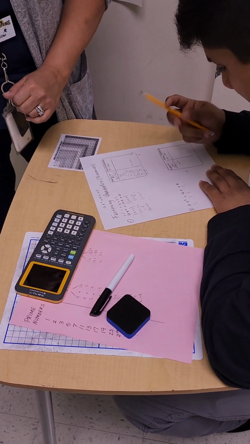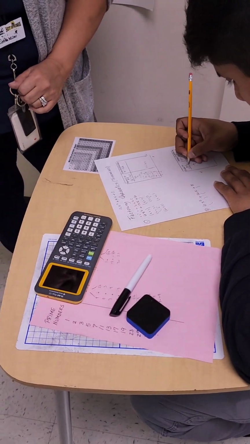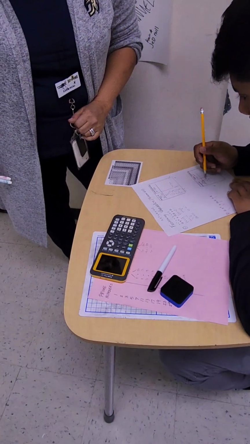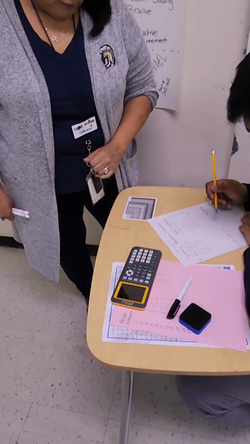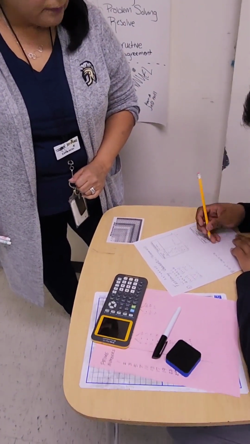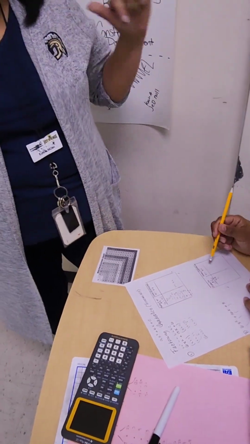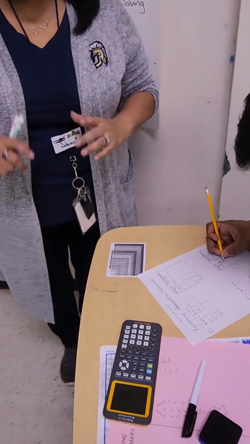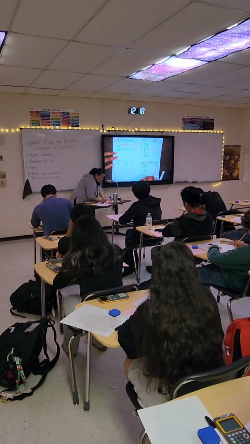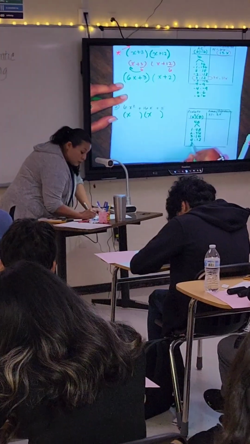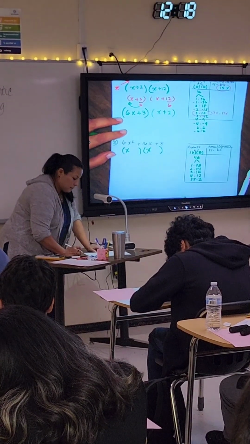So what does that give you? We're done. 48, very good. So now you're going to break it down into factors of 48. The factors of 48: 4 times 12, 2 times 24, very good.